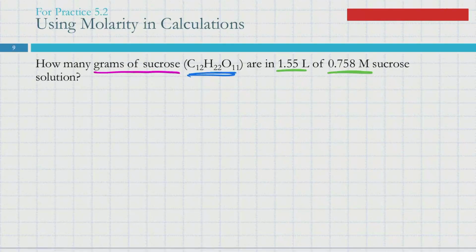The place that I would start this calculation is with liters, 1.55 liters, because molarity is secretly moles over liters. And since it's moles over liters, we can multiply our liters and our moles over liters. So that would look like this.